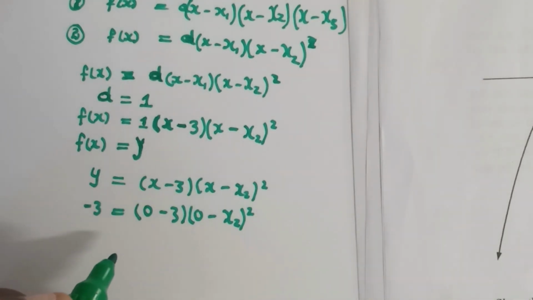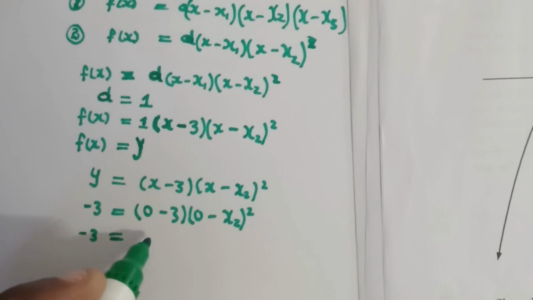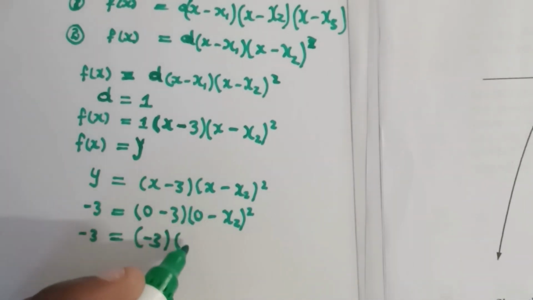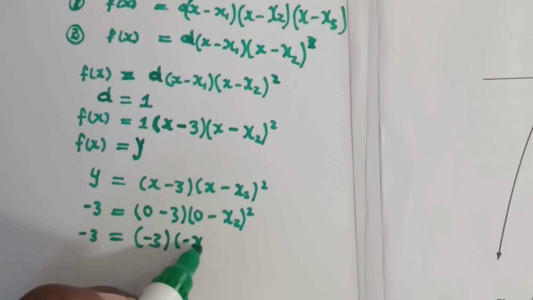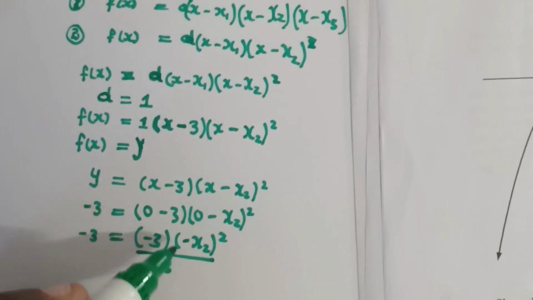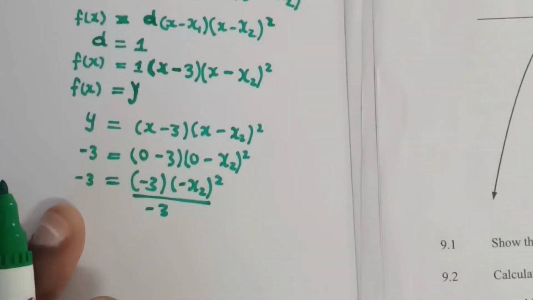So now let's make things look simple. I would say negative 3 on that side, and we say 0 minus negative 3, and we get negative 3, and then we say 0 minus x2, we get a negative x2 squared. Then we divide this side by negative 3, because we want to find x2 here, which is multiplied by the variable that we want to find.